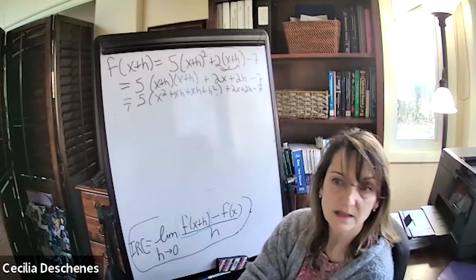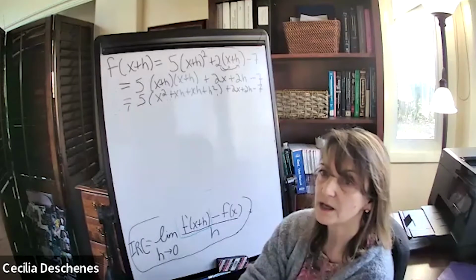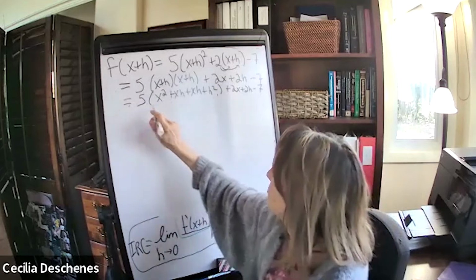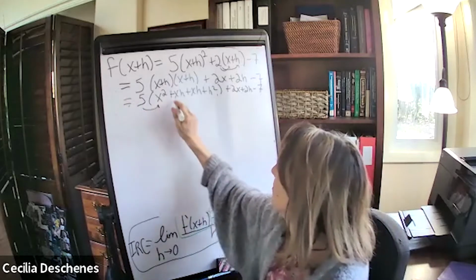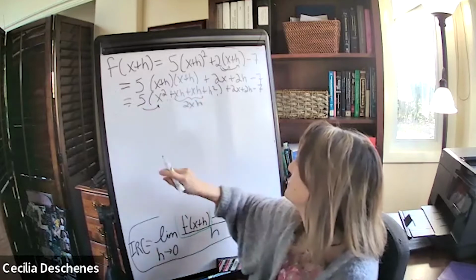All right, so the next thing that we want to do is go ahead and distribute this 5 throughout everything in here. And by the way, these are like terms, so we have 2 of them, 2xh.